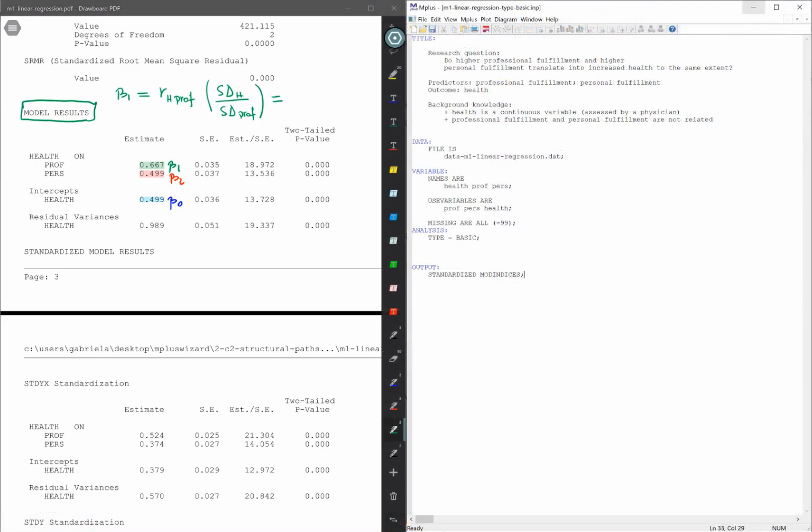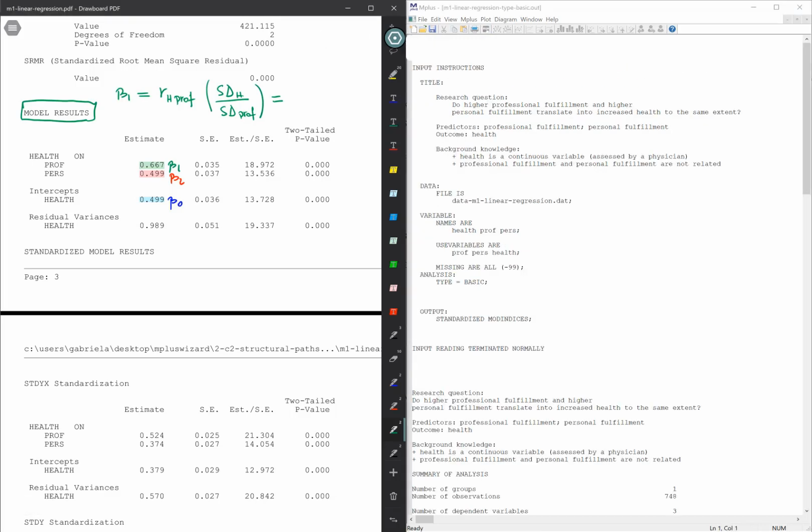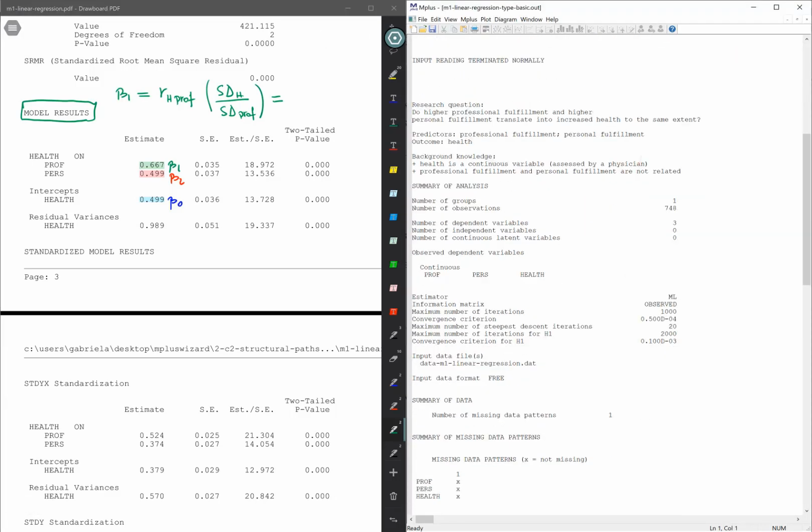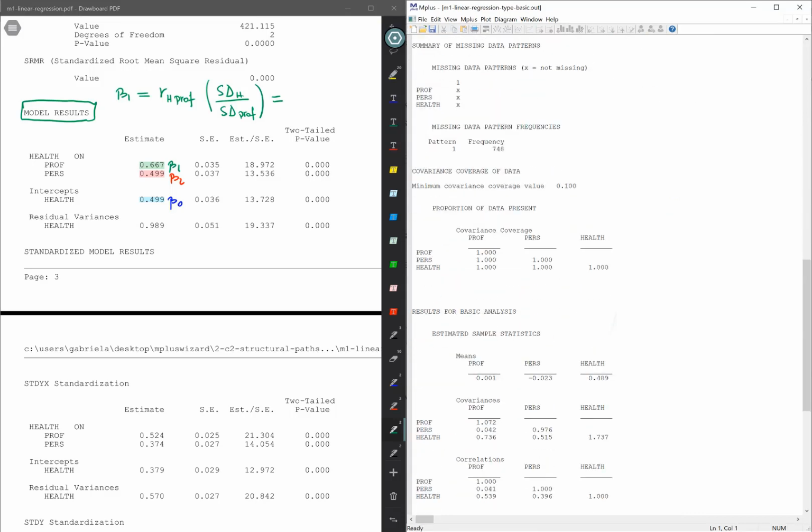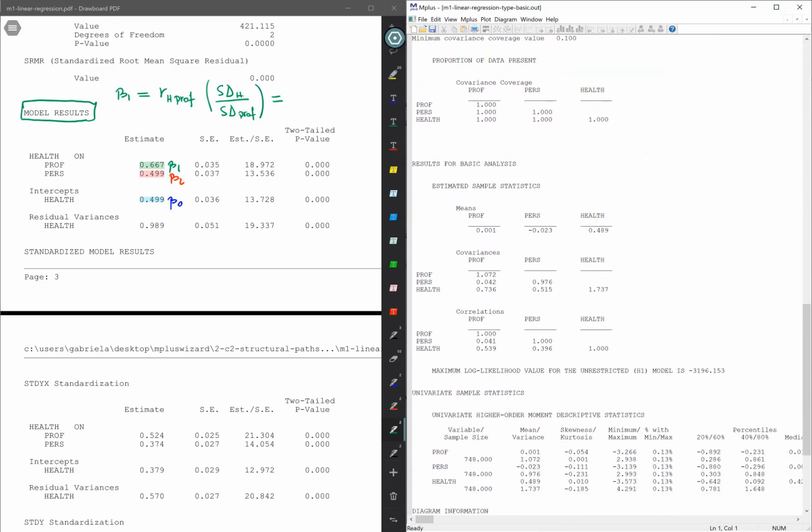In this model here, you see that you have the same data set and you have the same variables, but you don't have a model command, and instead what you have over there is the analysis command, and you just say type equals basic, which will produce different kinds of results. So if I run this model and I scroll down, you will notice that we don't actually have any regression coefficients because we didn't specify a model.